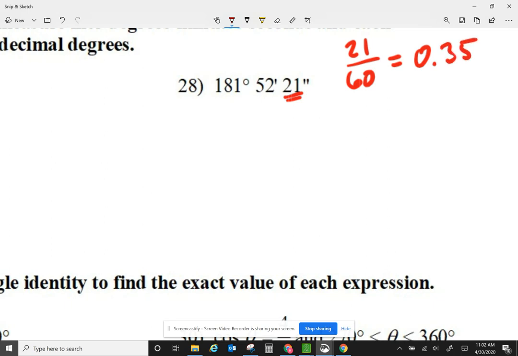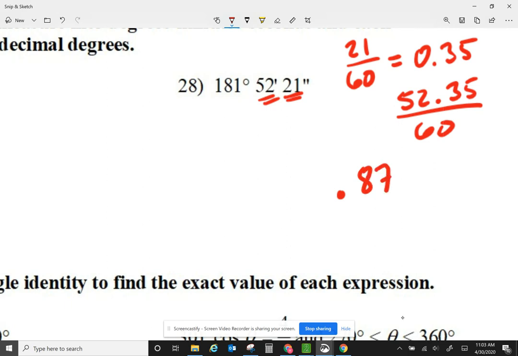Then I look at the minutes, and I'm just going to say 52.35 divided by 60. That gives me 0.8725, because that's what it gave me.